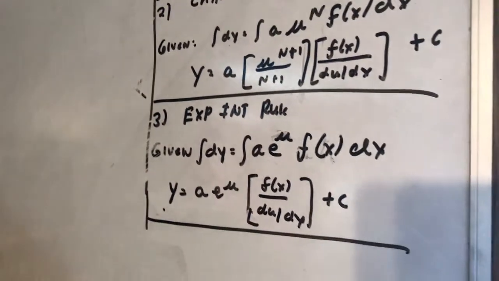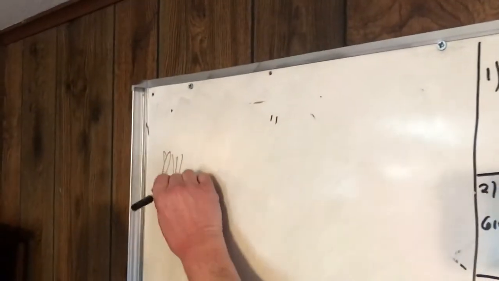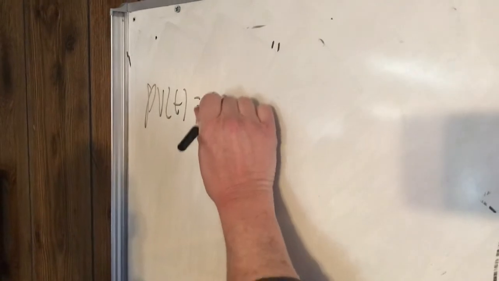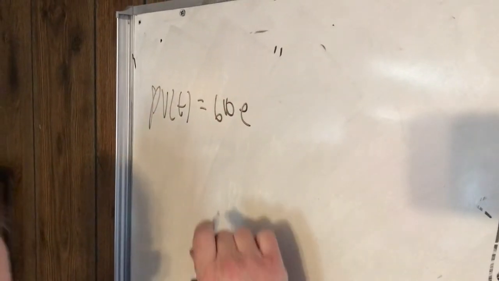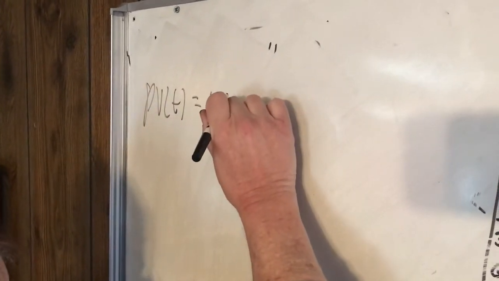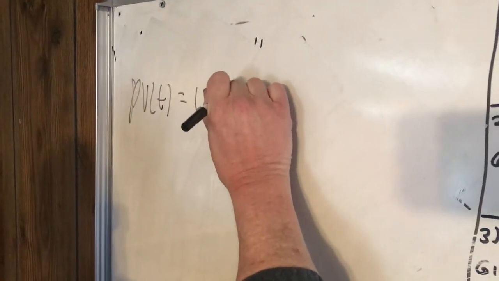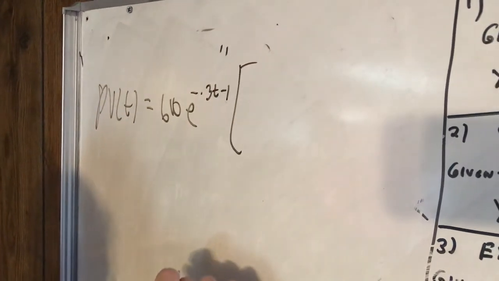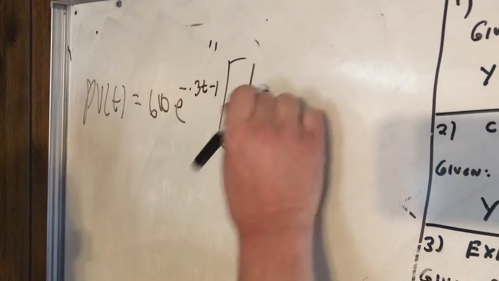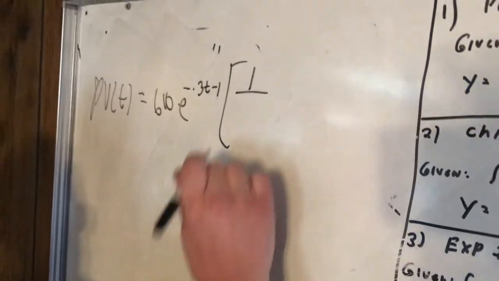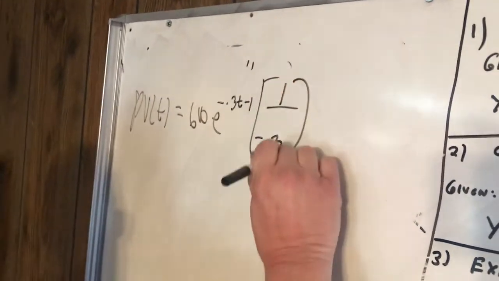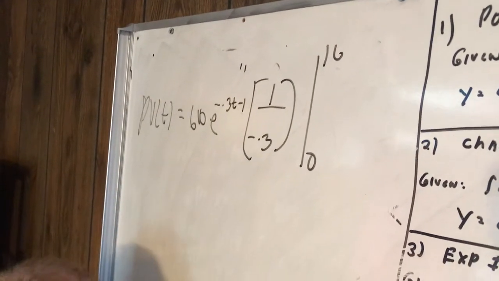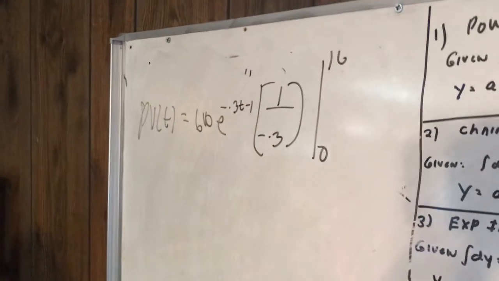So we're going to get PV of t equals A, which is 600, keeping the exponent minus 0.3 t. F of t is simply 1, and du dt is minus 0.3, taken between 0 and 10, the first 10 years. That's what we want.